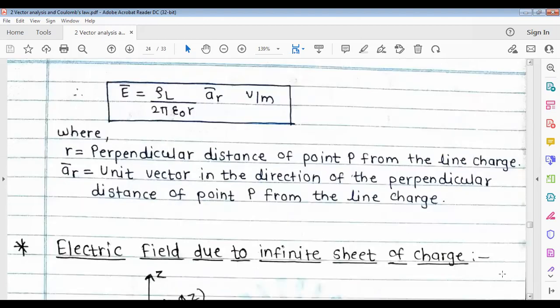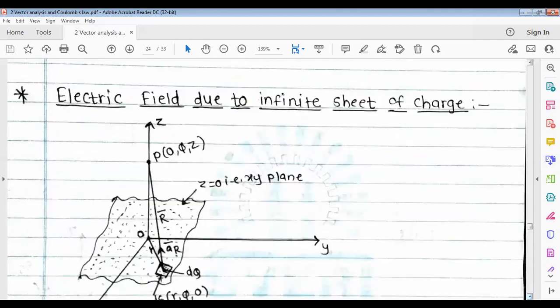What do you need to consider here? For all three derivations, what are the important points? You have to consider which coordinate system you are using, which charge is taken: sheet charge, line charge, or circular ring. Once that process is done, directly you can consider that small section, then write the equation for dq, then the equation for e bar, from that write the equation for d bar, and just put all the values.